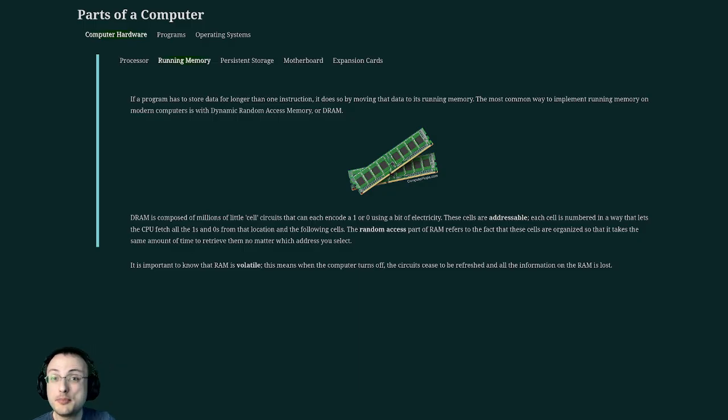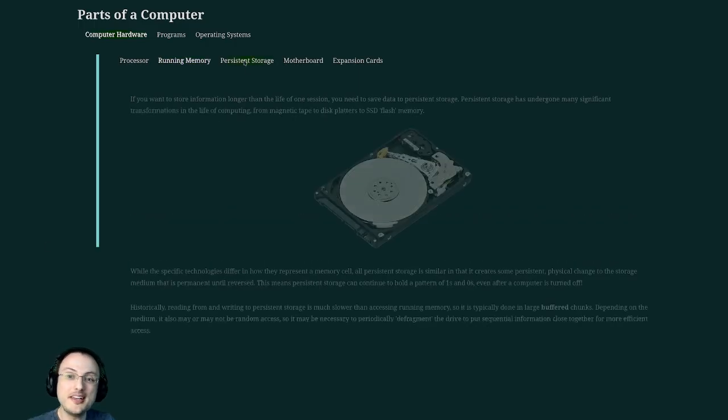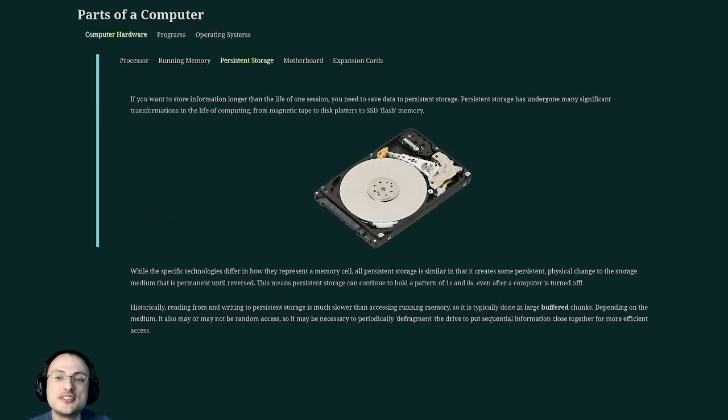If we want to permanently store something, then we need some more physical way to store this data, and the piece of hardware we use for that is our persistent storage. And of all of these different parts that I'm showing you, persistent storage has by far undergone the most number of complete transformations over the life of computing.